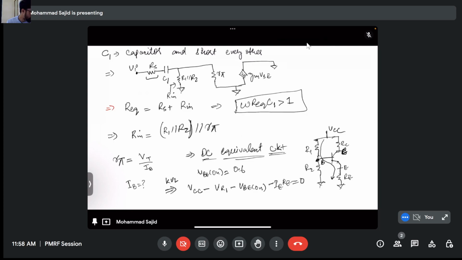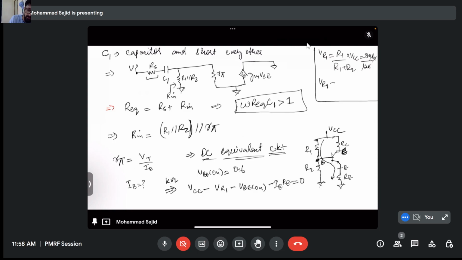So can we find VR1? Yes, VR1 is simply equivalent to R1 divided by R1 plus R2 into VCC. R1 is given as 8.4K, R2 is given as 3.6K, so it comes out to be 8.4K divided by 12K into 12.